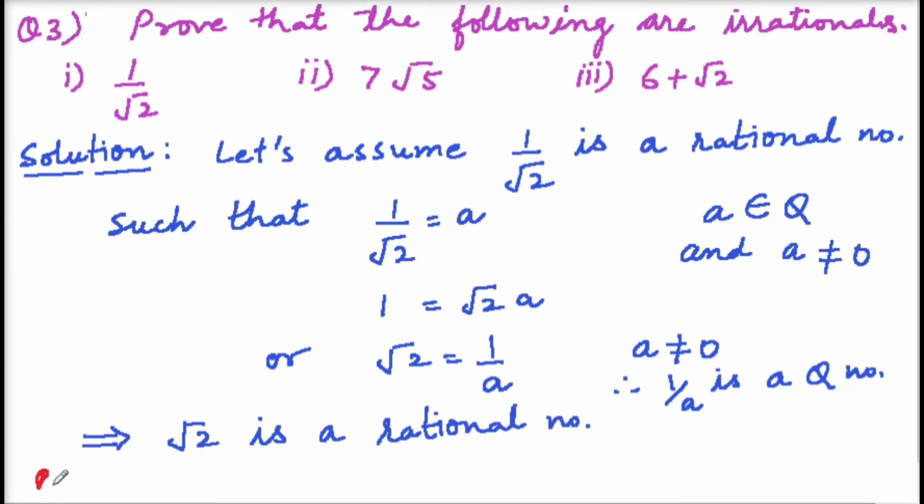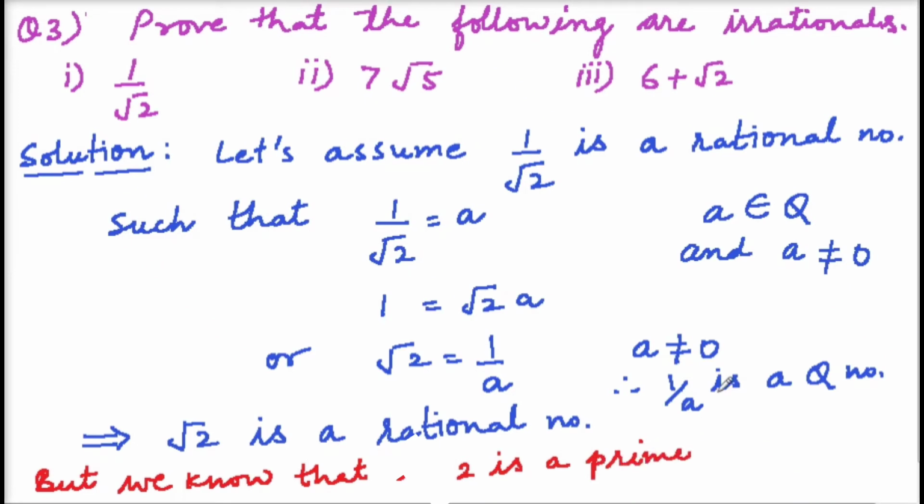But we know that 2 is a prime number. Then root 2 is an irrational number.